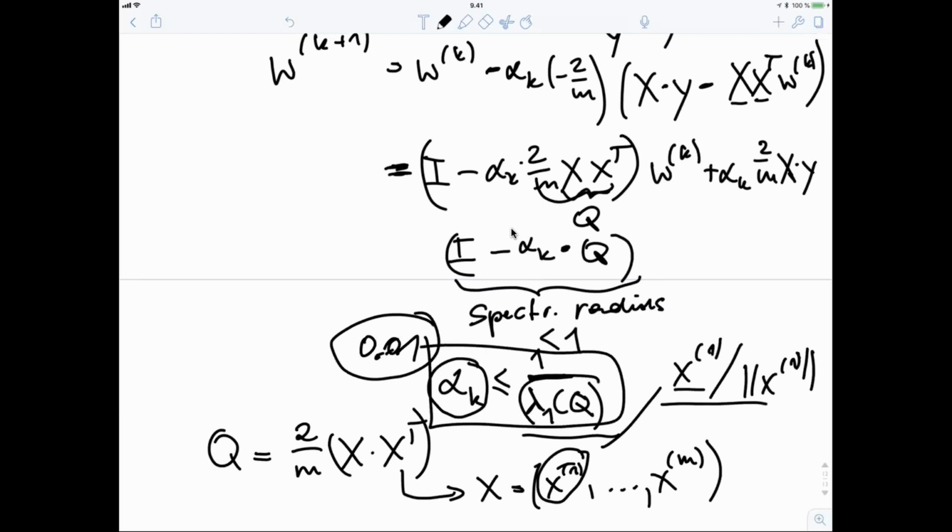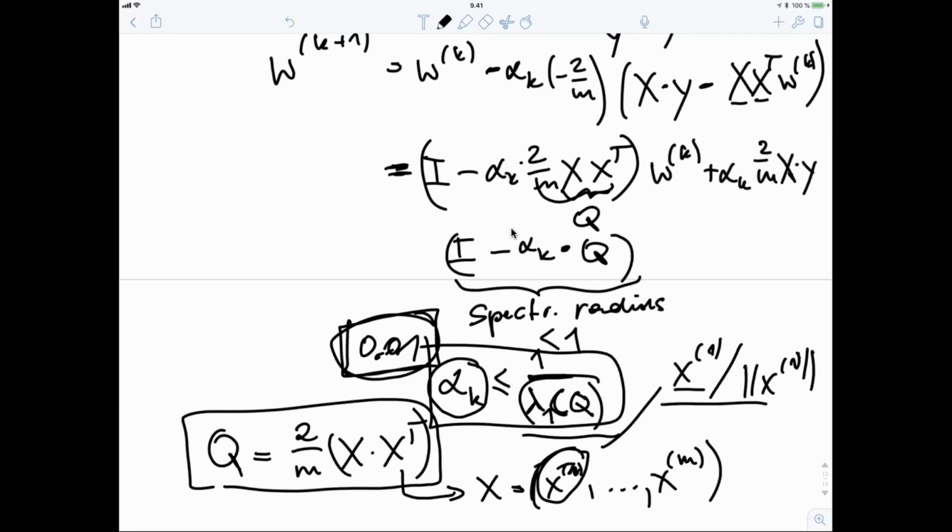And one way to make sure that this is satisfied is to make these eigenvalues of the Q matrix sufficiently small. And the eigenvalues depend on the size or the norms of the feature vectors. That's why you often standardize or normalize feature vectors. So one reason is that then you can use a default value for the learning rate in gradient descent.